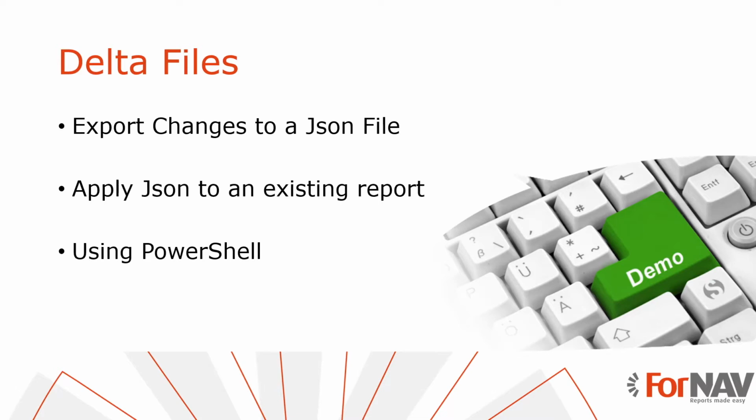What have you done to the reports, like bug fixes? And as a ForNAV developer, this now allows me to create a Delta file and use that Delta file to document changes that we've done between versions. So this is a very important feature for me personally as well.